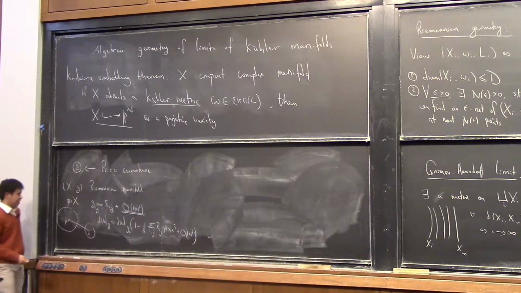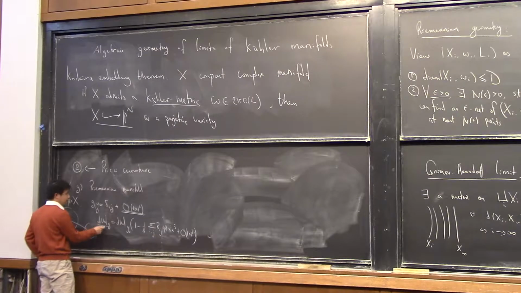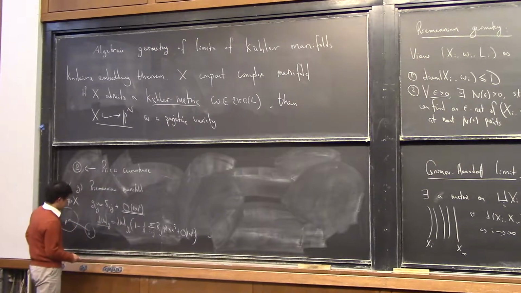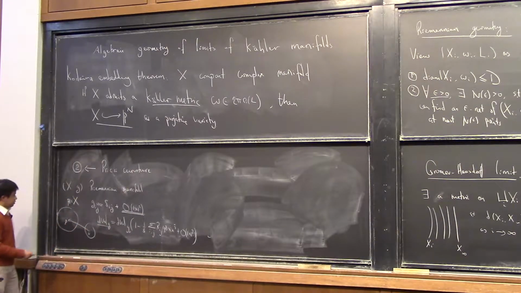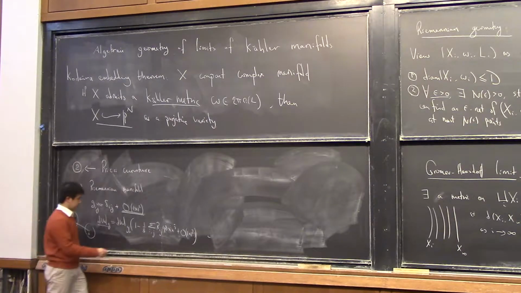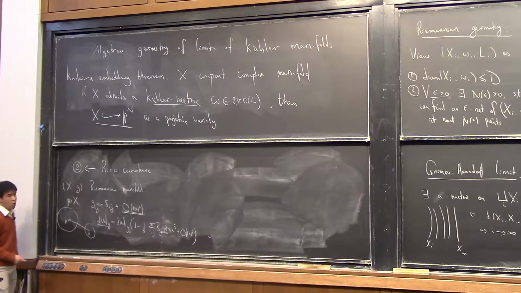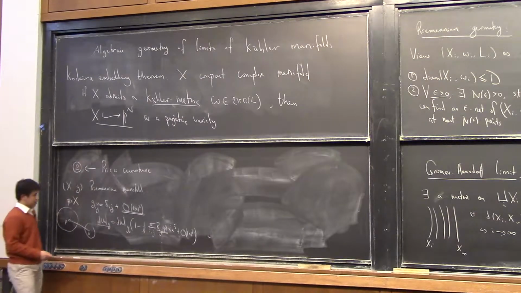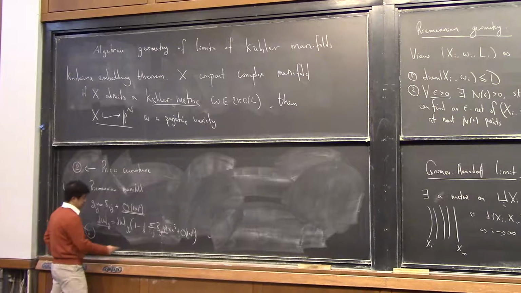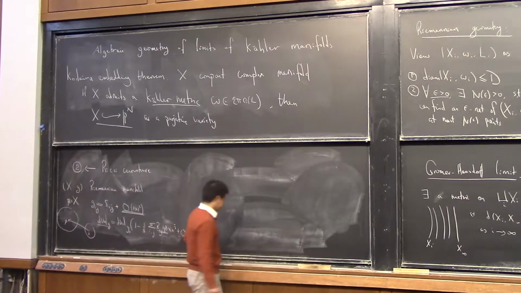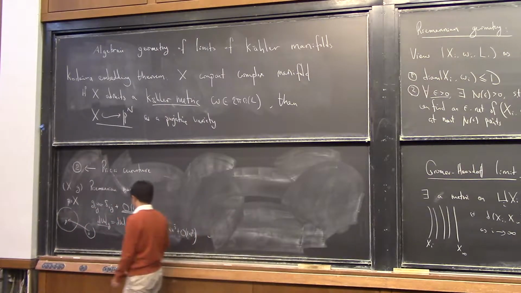So if we expand the volume form of a Riemannian metric in the normal coordinate chart, then the second order term gives us a symmetric tensor, and this is the Ricci curvature tensor, defined by this R_ij.